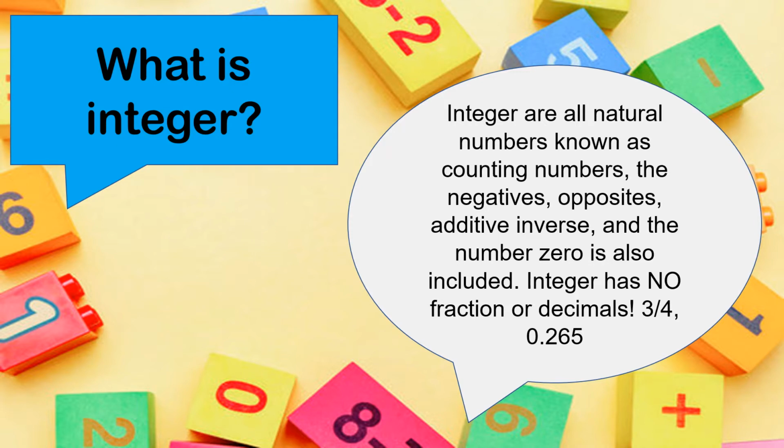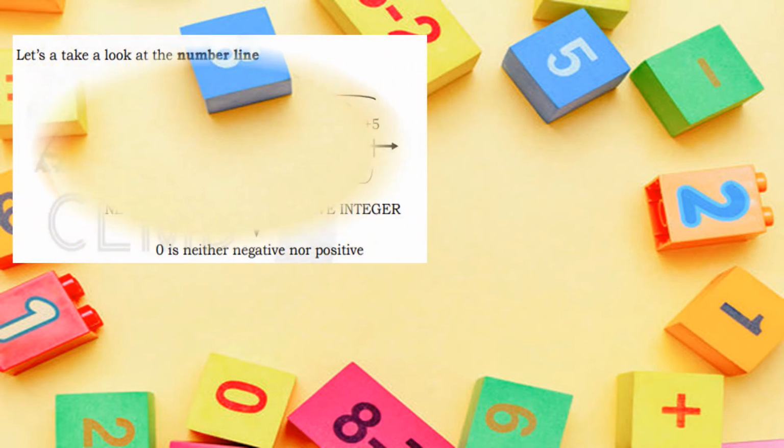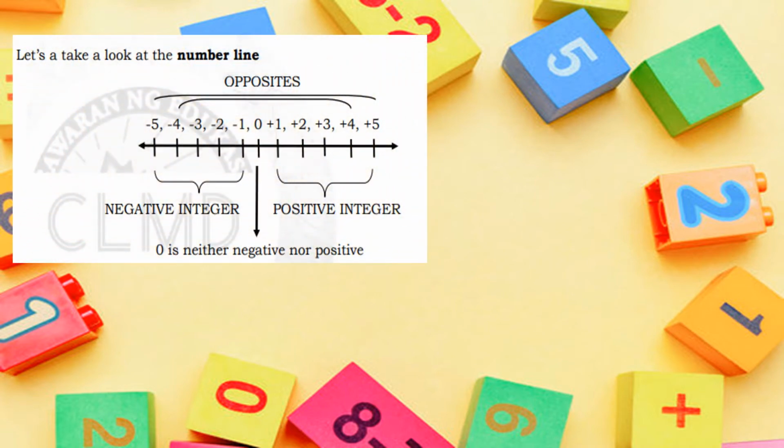So, ibig sabihin, yung 3/4 at yung 265 is not an integer. Okay, so let us see a number line. This is what we call the number line. As you can see, mayroong opposite.